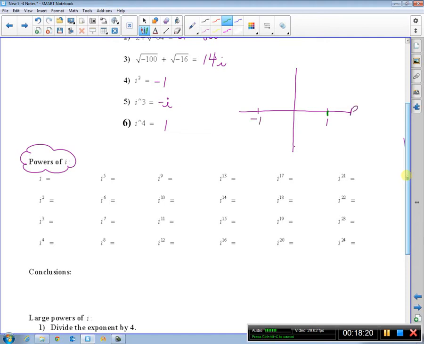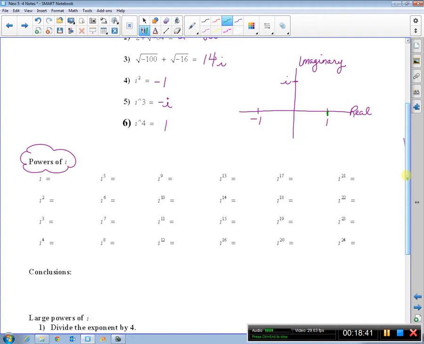We're going to call this our real axis. And my y-axis, I'm going to relabel imaginary. And up in the positive imaginary section, I'm going to put a single i. And in the negative imaginary, I'm going to put in negative i.